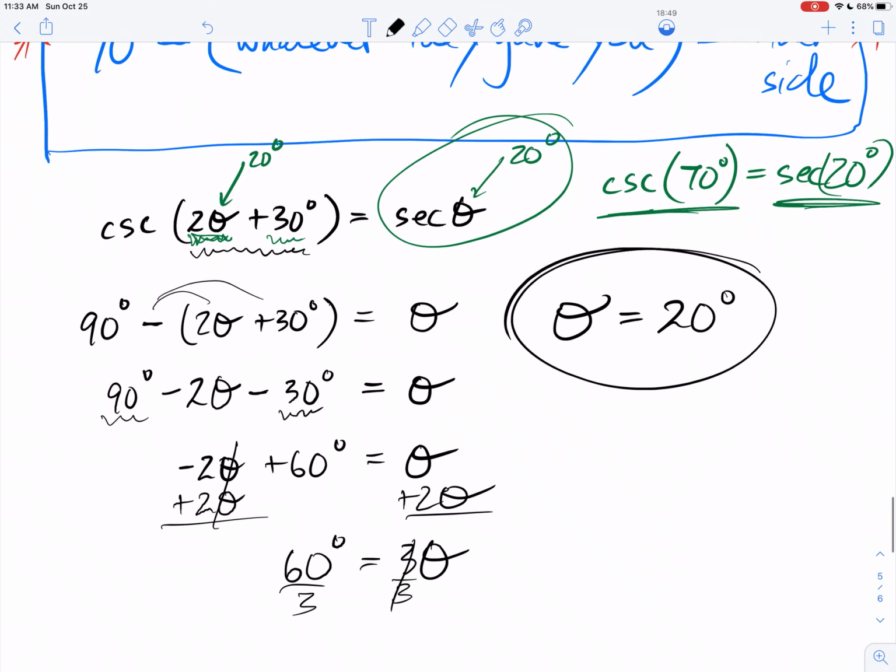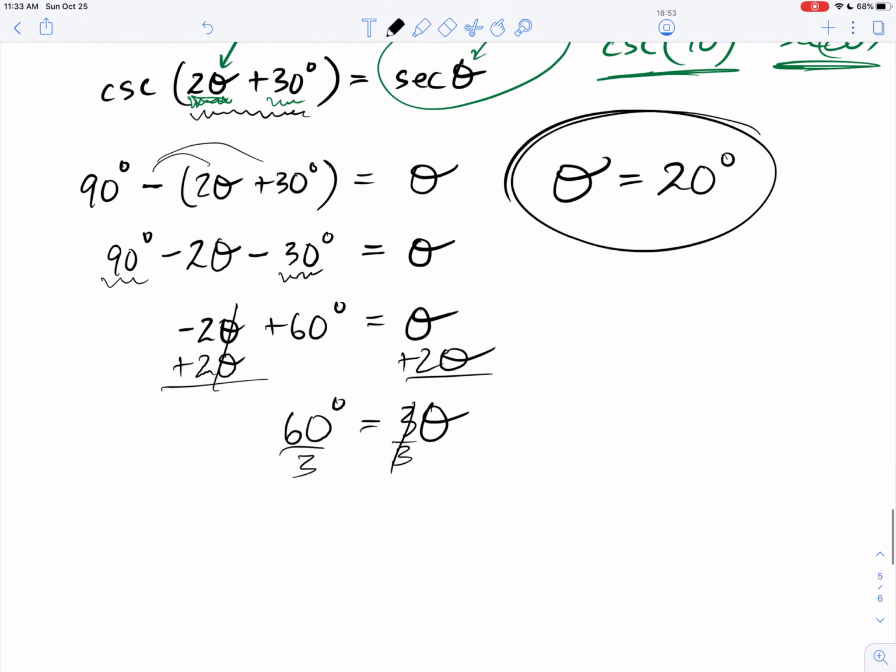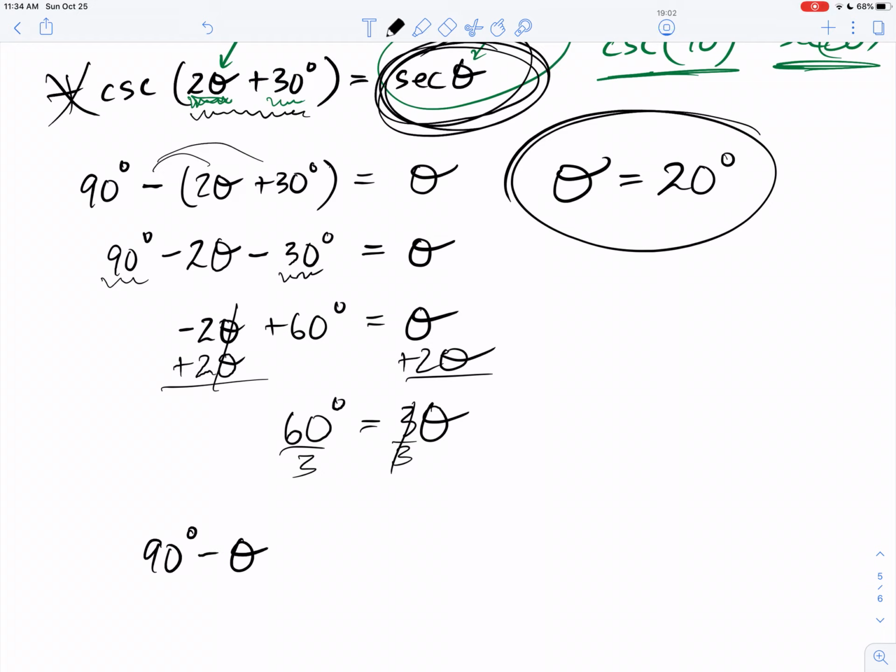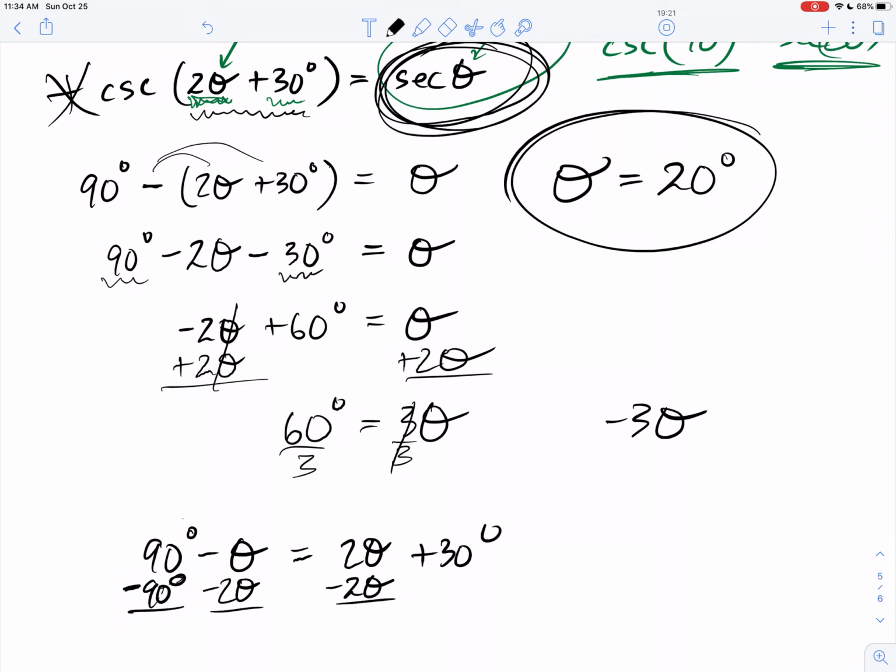So what do I mean by backwards? I could have said 90 minus theta. Like if I did 90 minus this side, I'd set it equal to this. And let's go for it. Let's get this thing done. I'm going to move this over here, and I'll get negative 3 theta. I'm going to move this guy over there, and what would I get?